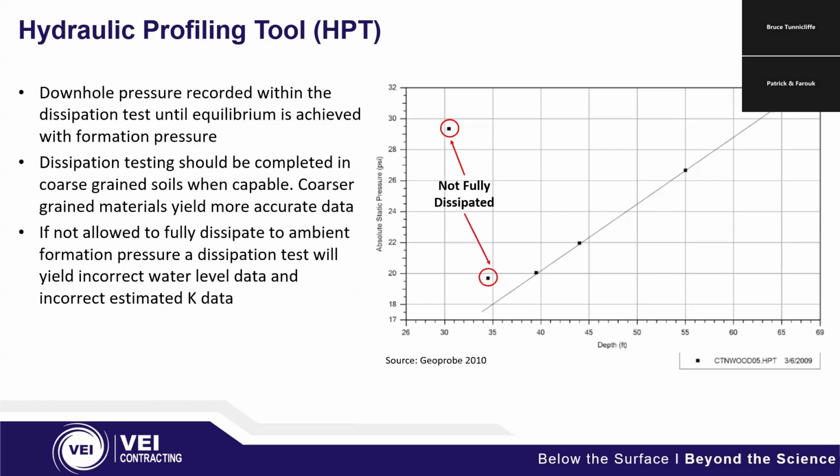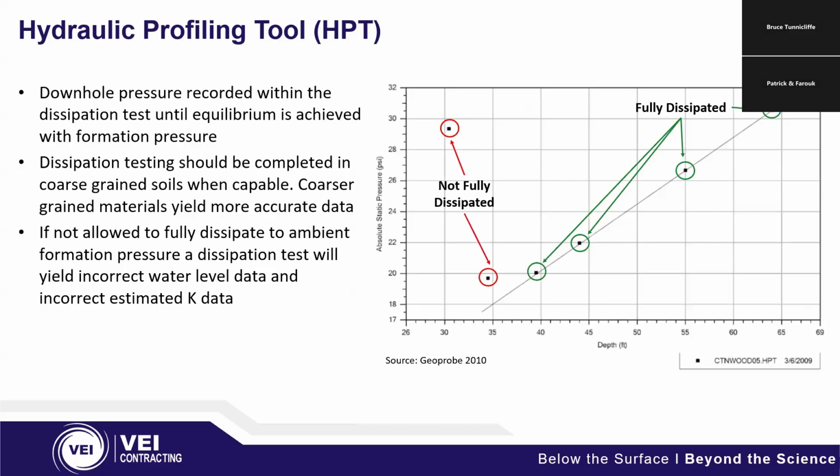If it's not allowed to fully dissipate, which you can see here on these first 2 data points, these are all from within the same log provided from Geoprobe. The first 2 were shut off prematurely, and they were not allowed to fully dissipate. They just show what happens within the graph. The last 4 here were able to get a full dissipation within that water column, within that HPT location.